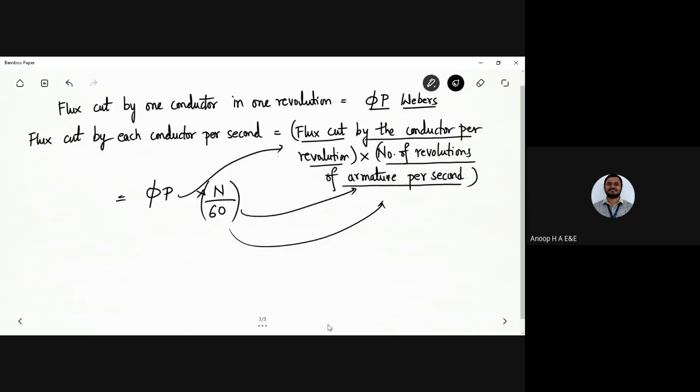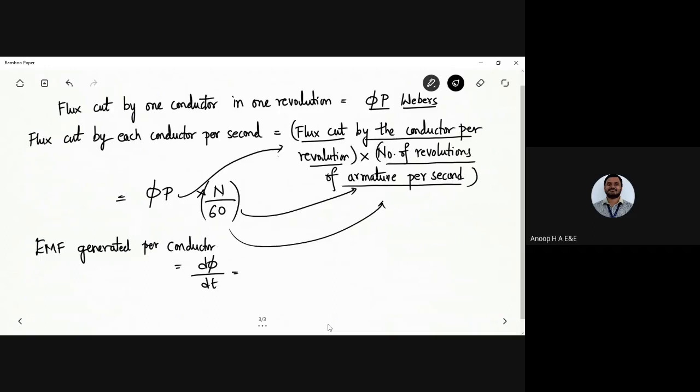Now, as per Faraday's laws of electromagnetic induction, I want to find the EMF generated per conductor, which is given by d phi by dt.